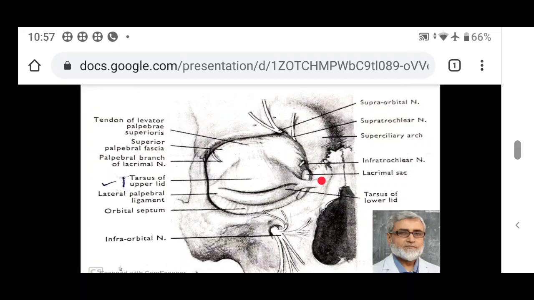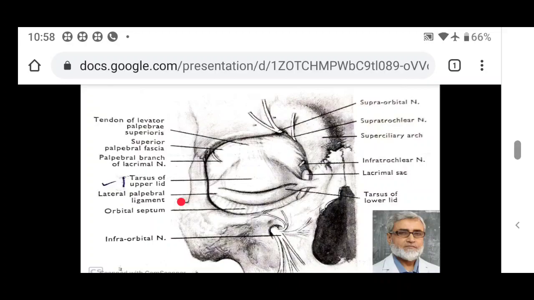When infected, a red swelling appears. That red swelling is known as stye. A very short question frequently asked in examinations, in written and viva also. Remember stye, I will show it while dealing with the clinical aspect.